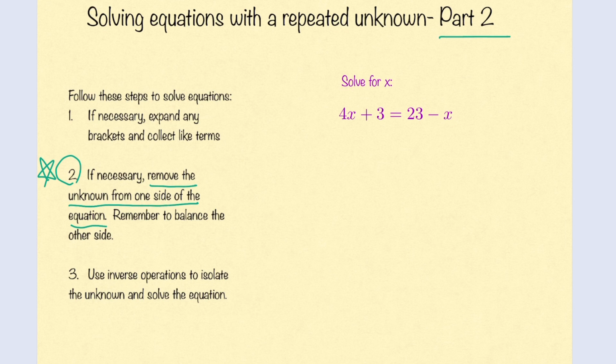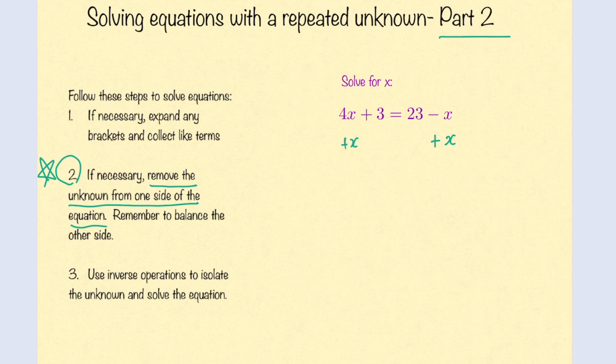With this equation, I am going to move this negative x so that the x's are sitting on the left. How I can do that is by using an inverse operation. The inverse of minus x is to plus x. So I will need to plus x on both sides.